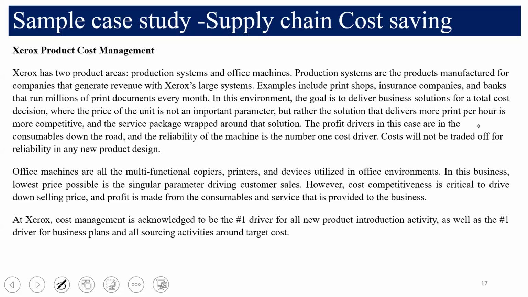In this environment, the goal is to deliver business solutions for a total cost decision, where the price of the unit is not an important parameter, but rather the solution that delivers more print per hour, is more competitive, and has a service package wrapped around the solution.